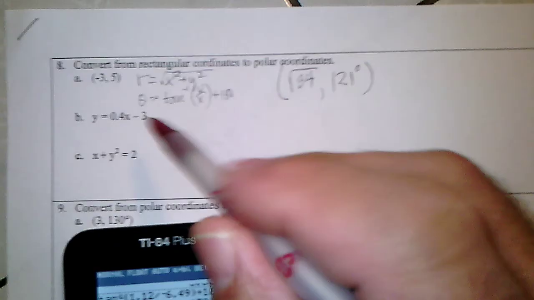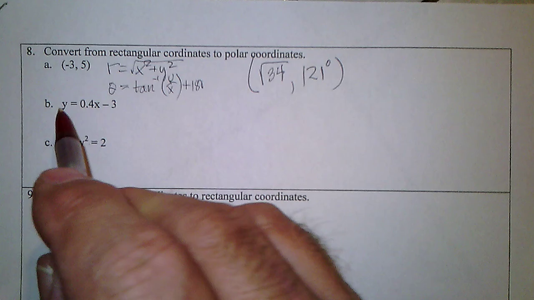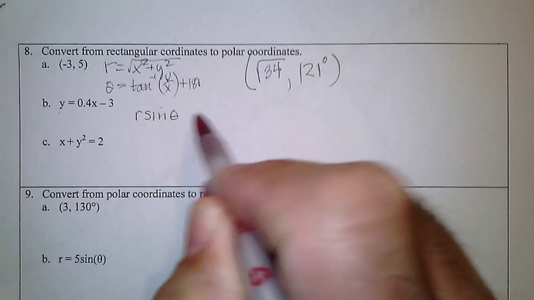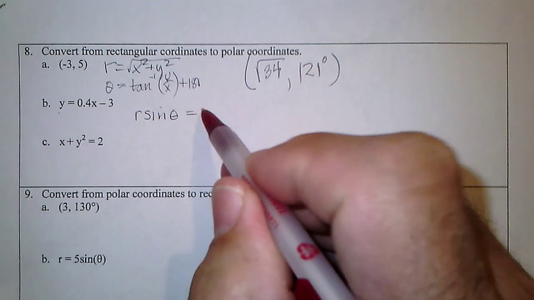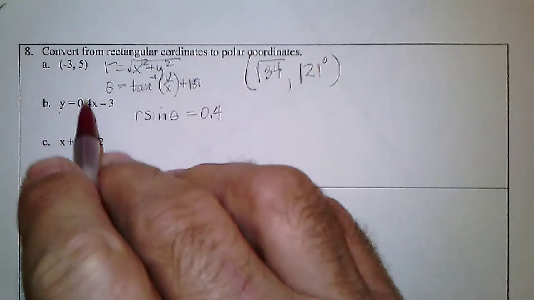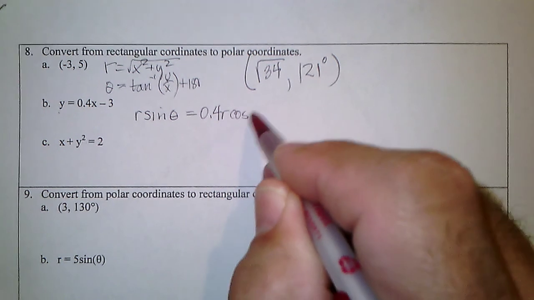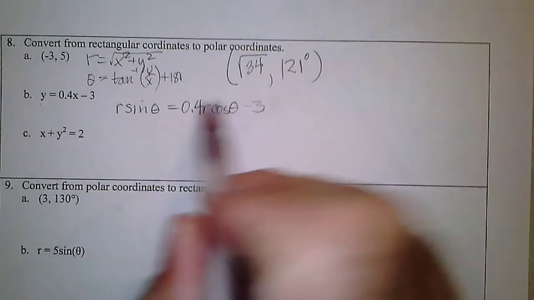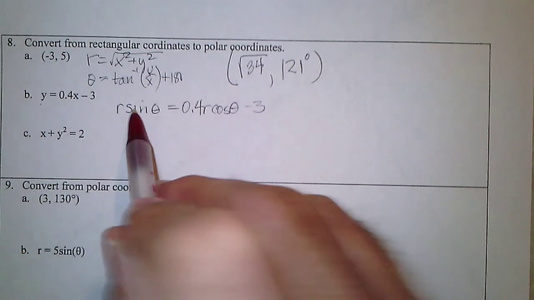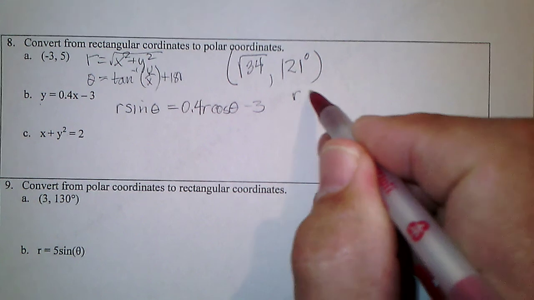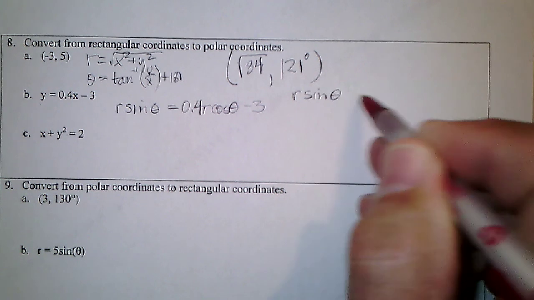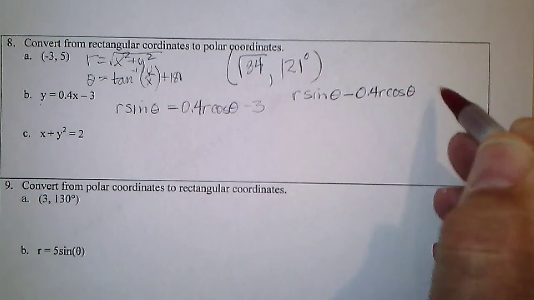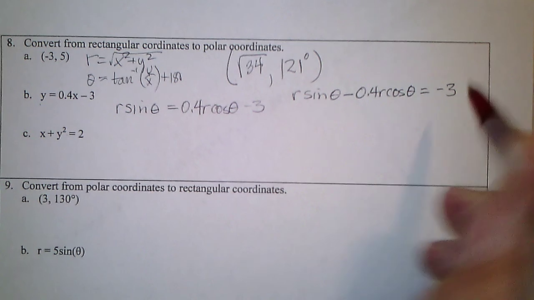Next one, we're just supposed to change it to polar, so we want y, which is our r sine theta, equals 0.4 x, which is our r cosine theta, minus 3. Now some of you solve for r, so I will do that. I would subtract this over, and so I'd have r sine theta minus 0.4 r cosine theta equals negative 3.